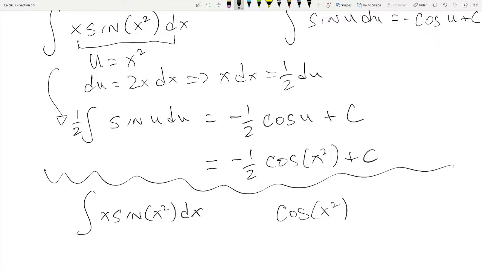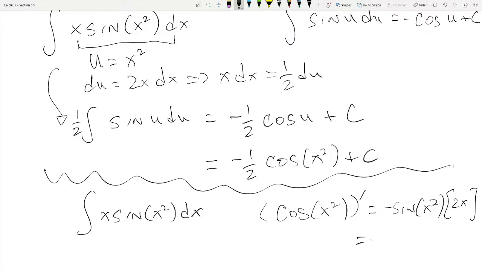Now, if I thought that was my answer, I should check it. And when I check it, if I take the derivative of this, using the chain rule, I get negative sine x squared times the derivative of x squared, which is 2x.